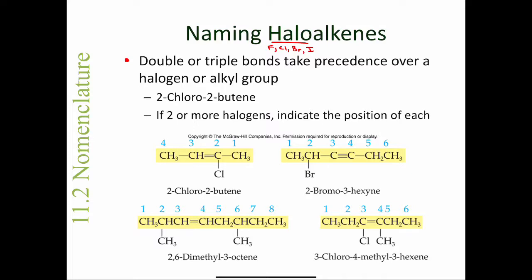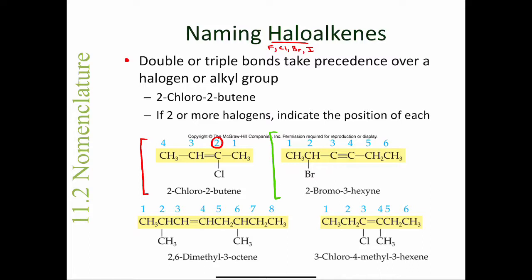For example, if I had this molecule here, we see that the parent or base is named after the 4-carbon chain alkene, which is butene. Of course, we give that double bond the lowest possible number, so it becomes a 2-butene, and so this molecule would be 2-chloro-2-butene.